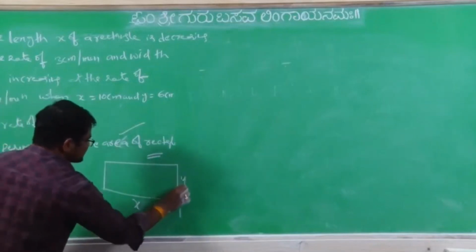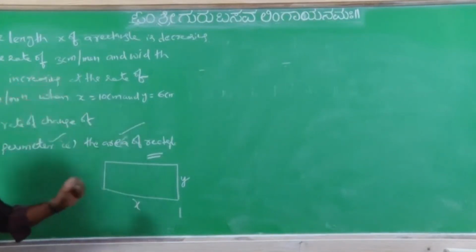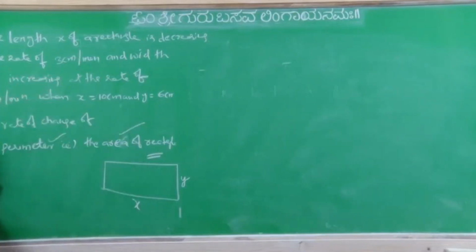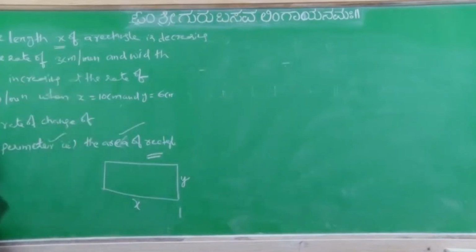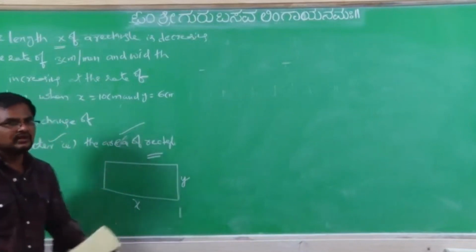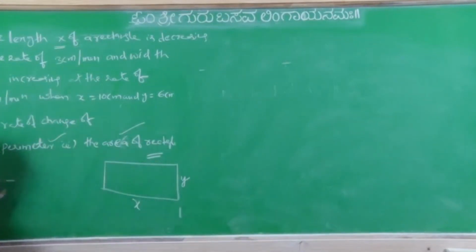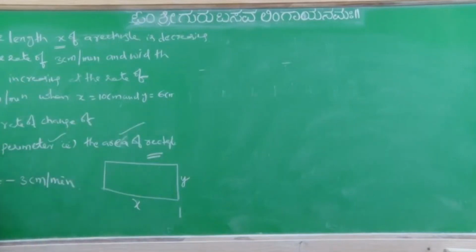If you take this as x, this as y. First, read the question carefully. The length x of the rectangle is decreasing, meaning dx by dt. Whenever a quantity is decreasing, it is negative, so we write minus 3 centimeter per minute, right?